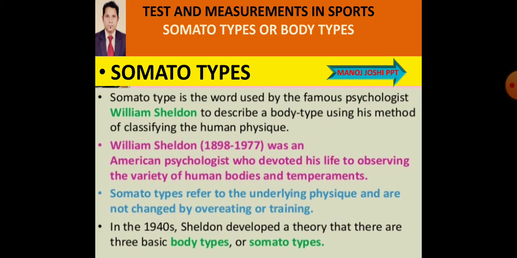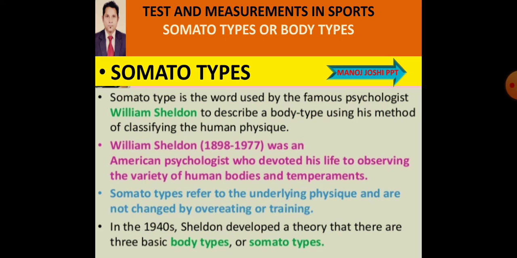Soma means body, so somatotype means body type. Somatotype is the word used by the famous psychologist William Sheldon to describe a body type using his method of classifying the human physique.